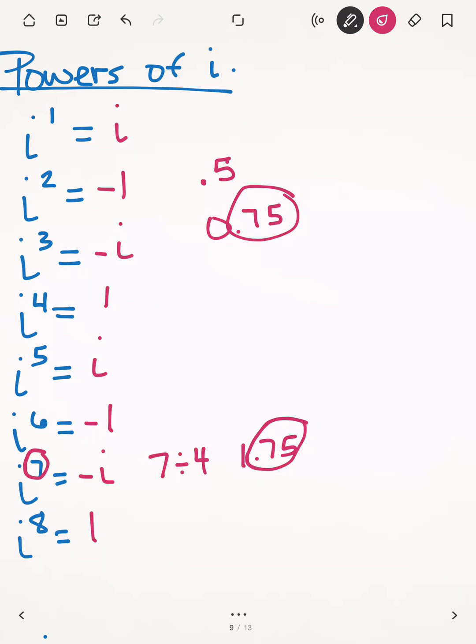If I get 0.25, my answer will be i. And if it divides evenly, meaning no decimal, no remainder, my answer will be 1. So all we're looking at is whether the decimal is 0.25, 0.5, 0.75, or there is no decimal.